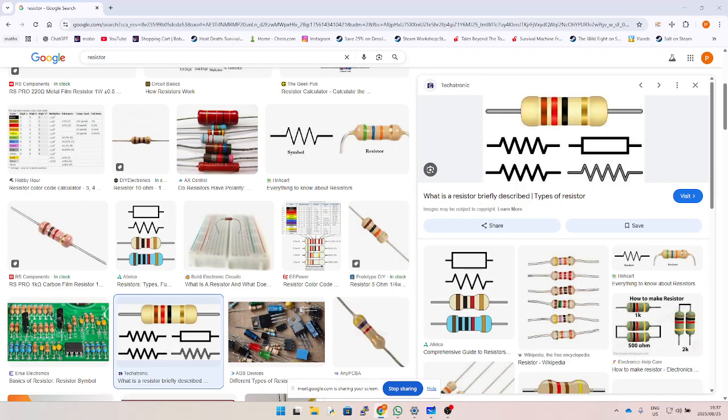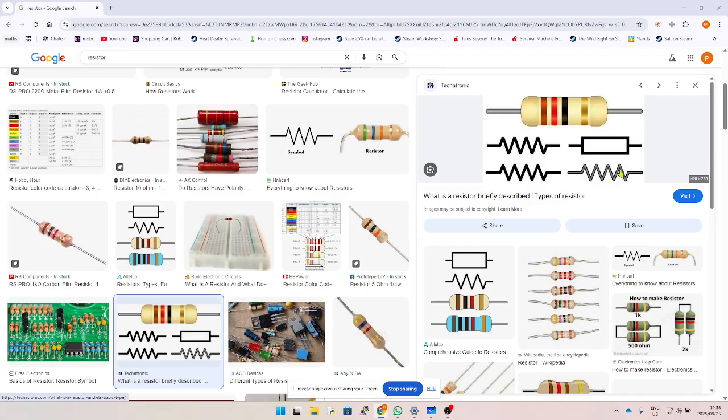Okay, so the first band is the first digit, so it's one. Red is two, and then black's multiplier is 10 to the power 0, or one. And the tolerance for gold is plus minus 5%. So it's going to be 120 ohms plus minus 5%.